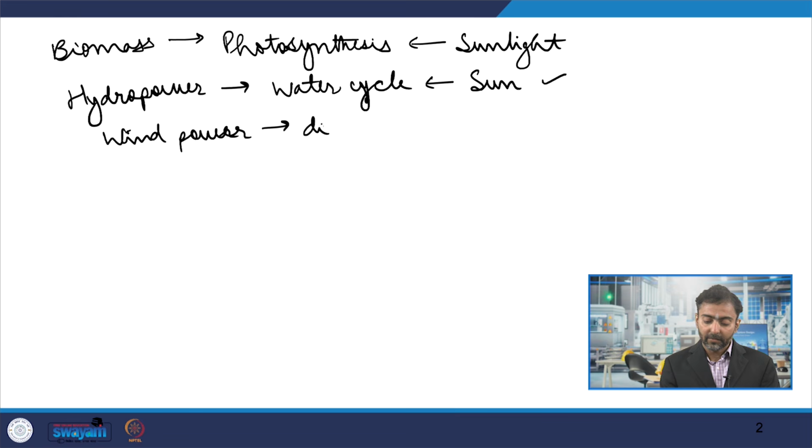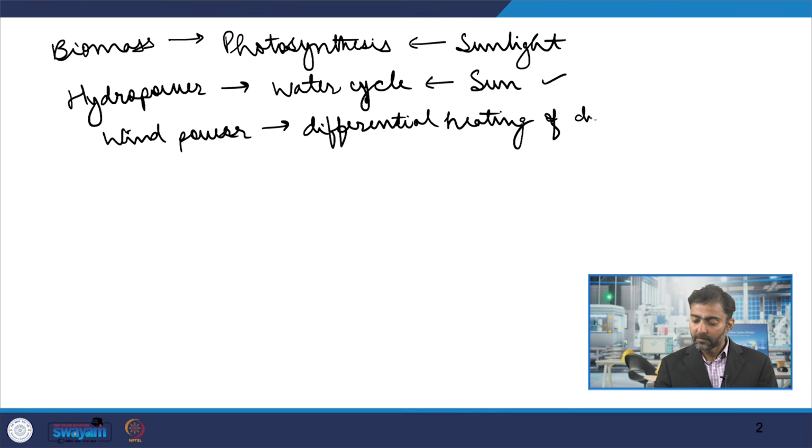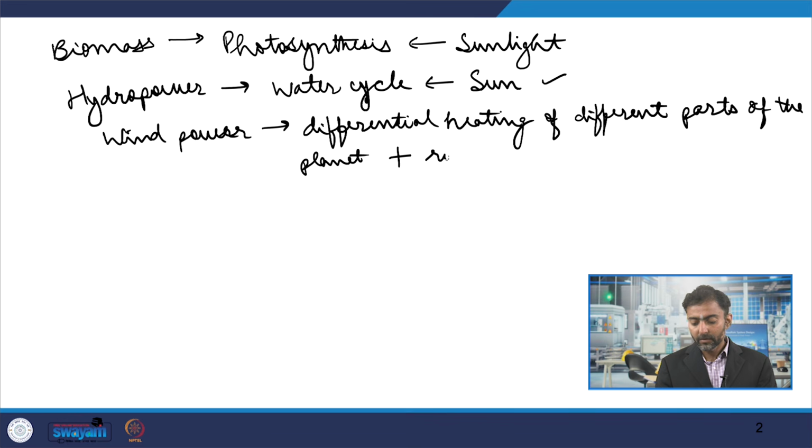It's basically the differential heating of different parts of the planet, coupled with the rotation of Earth around the sun. So rotation and revolution around the sun. That is what is producing the flow of air currents or wind, and that is what is leading to the production of wind power. So again, this is also traceable back to the sun.